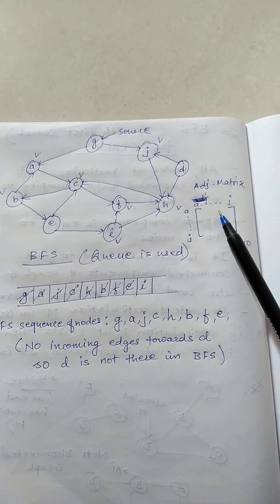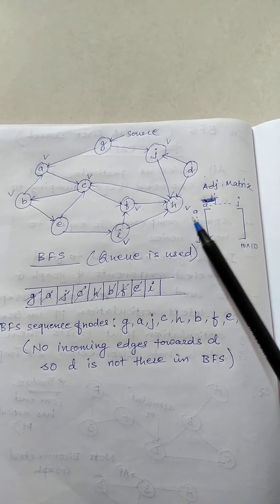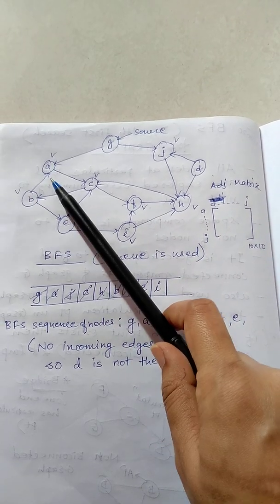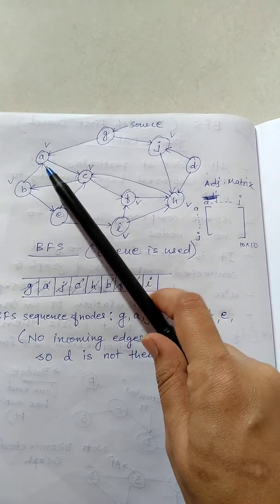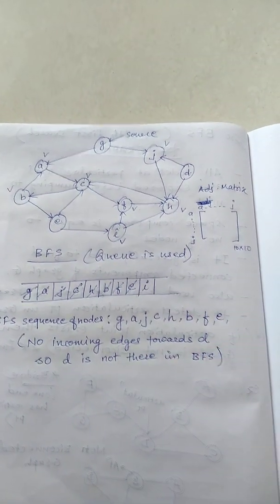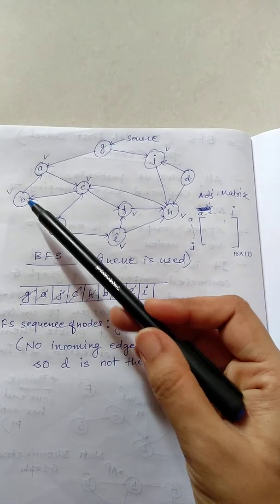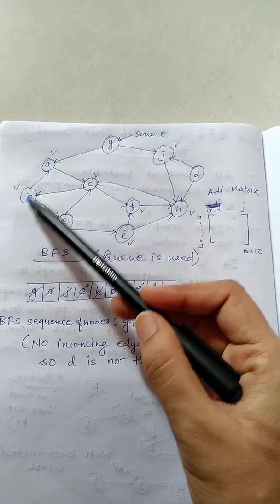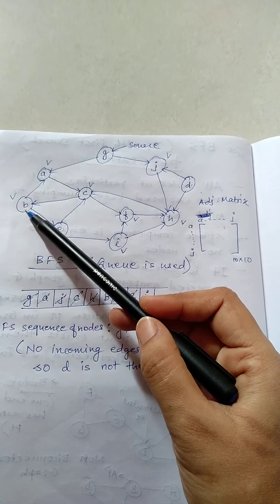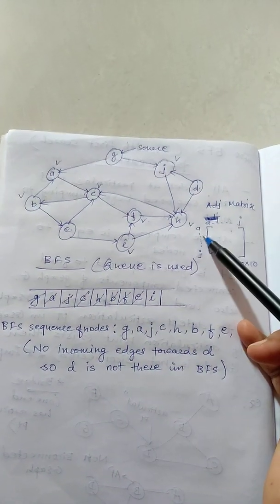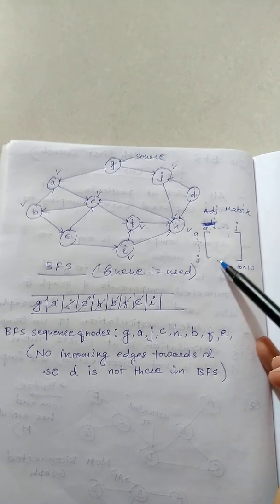The entries in this adjacency matrix are either 1 or 0. If an edge exists between a pair of vertices, then that entry is 1. Suppose an edge exists from A to C, then the entry in the row of A for column C is 1. Similarly, A is adjacent to B, but B is not adjacent to A, so the entry in the row of B and column A is 1. Similarly, this adjacency matrix will be filled.